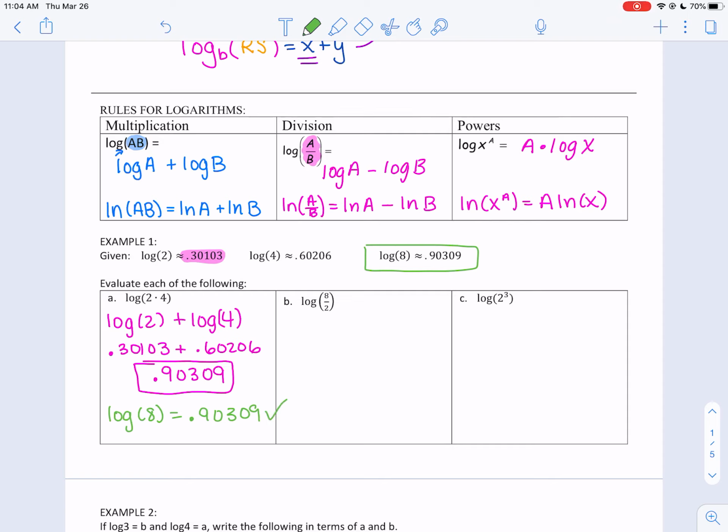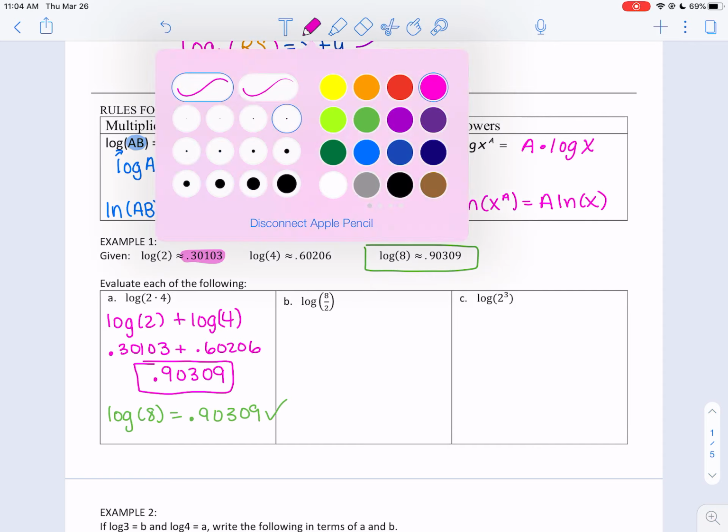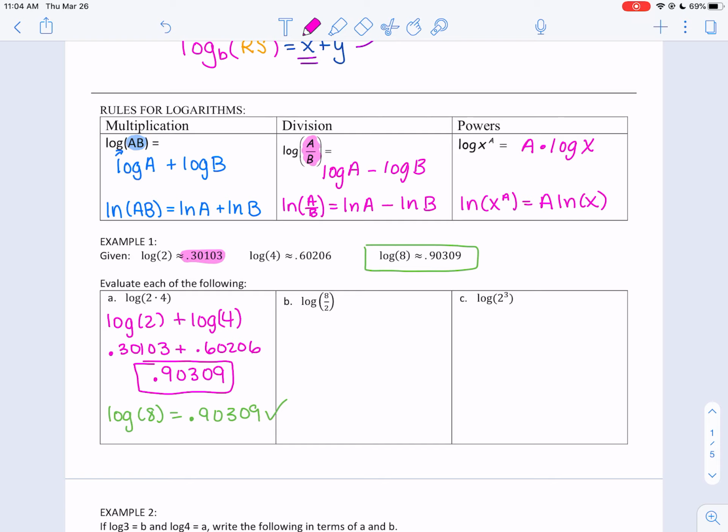That does make sense. In addition, we can justify the same by looking at the next question where it says log of 8 divided by 2. That expression can be written as log of 8 minus log of 2, right? Division became subtraction into two separate logs. Log of 8 is approximately 0.90309.